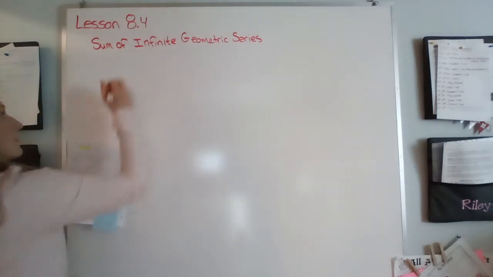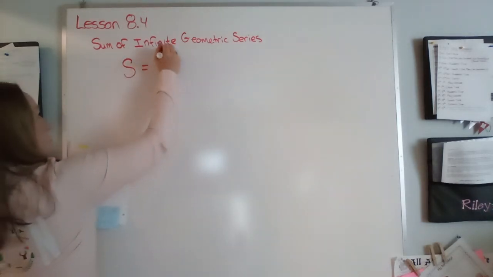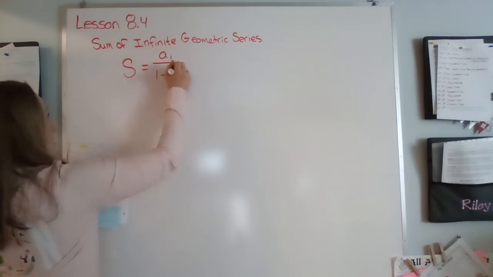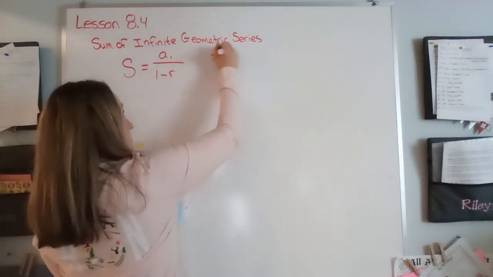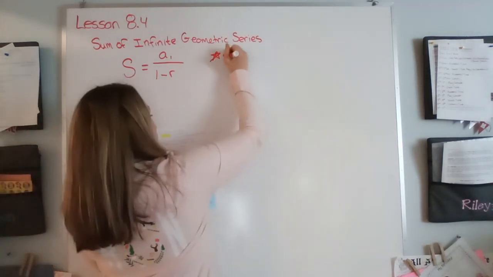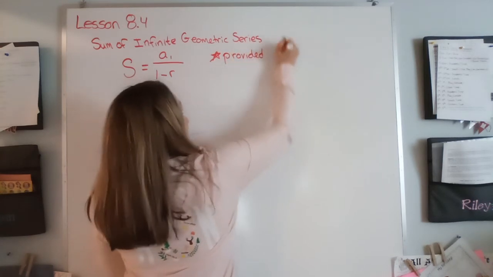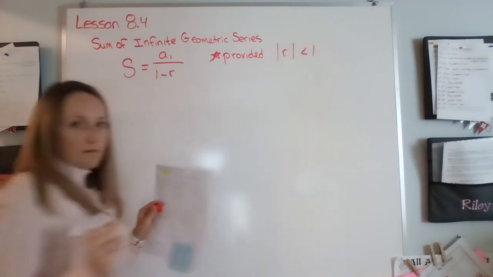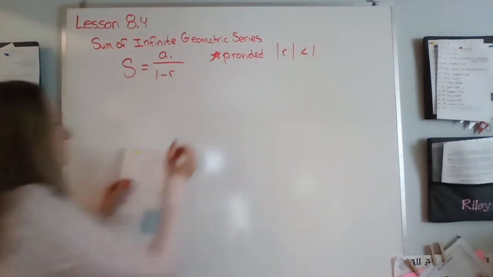So first, let me give you the formula. S is equal to a sub 1 divided by 1 minus r. Okay, so we're going to be using that. Now there are conditions. All right. Provided that the absolute value of your r value is less than 1. We're going to talk about why that has to be true. All right.